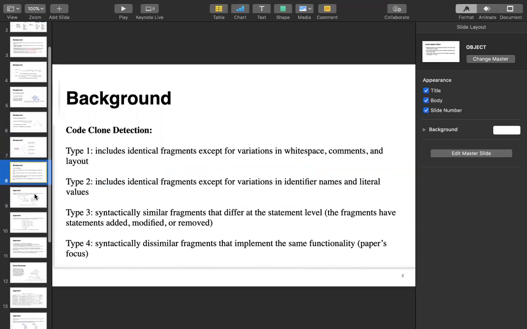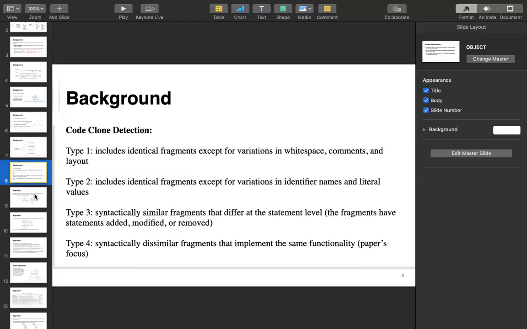For code clone detection, we have 4 types of similar code definition. The first type is that it has identical fragments except for variations in white space, comments, and layout. Type 2 has variations in identifier names and literal values.